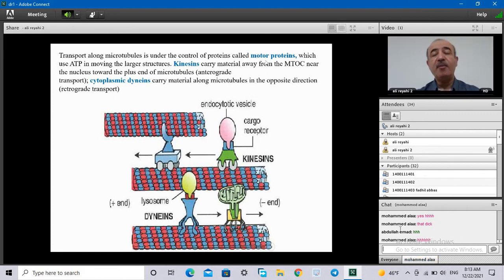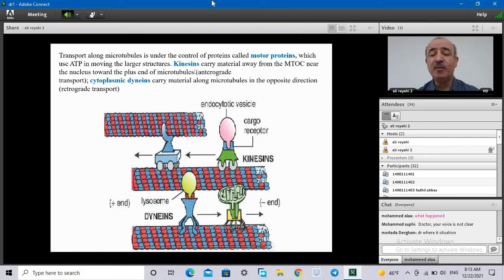Motor proteins help the movement of vesicles or organelles within the cytoplasm. Okay, these motor proteins use energy, use ATP, in moving the larger structures.